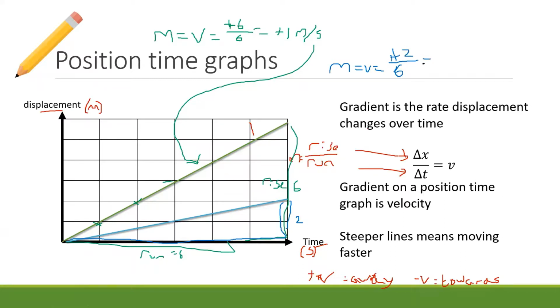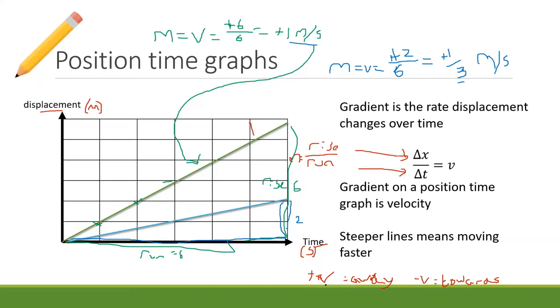So if I do this, I actually get 1/3. It's still positive though. Positive 1/3 meters per second. So that means both of these are moving away, but this one is moving 3 times slower than the other. That gives you a good idea, and they're both moving away because they're both positive.